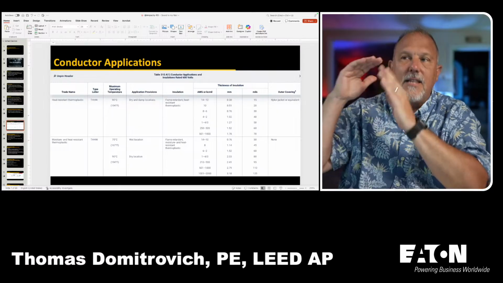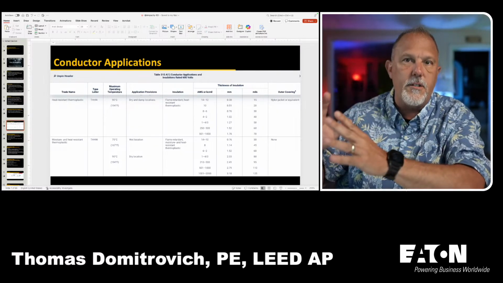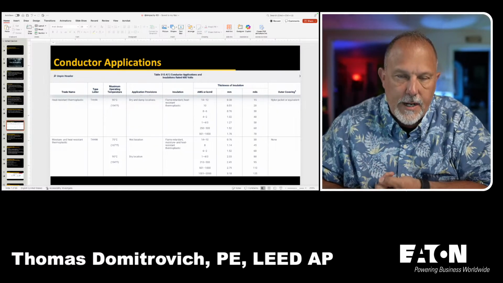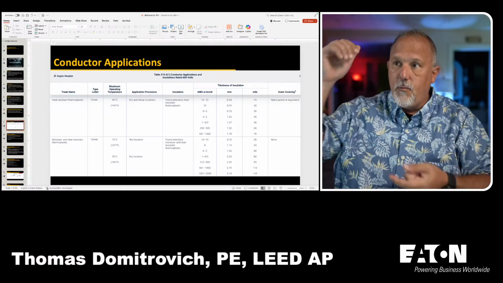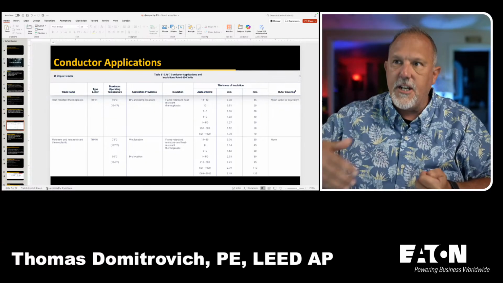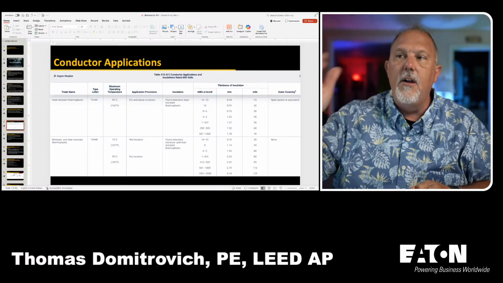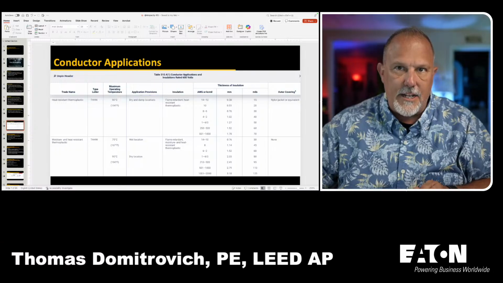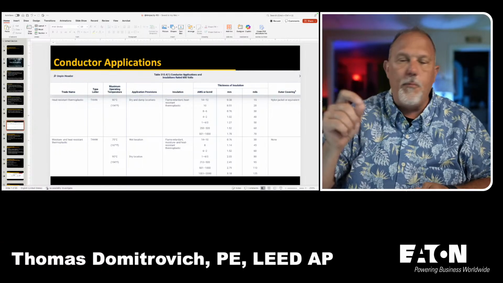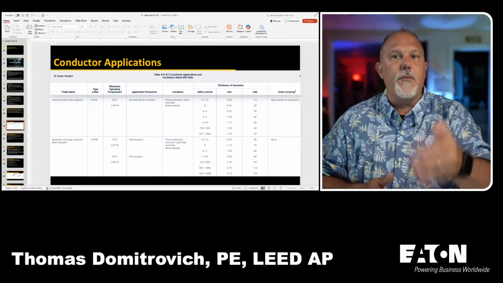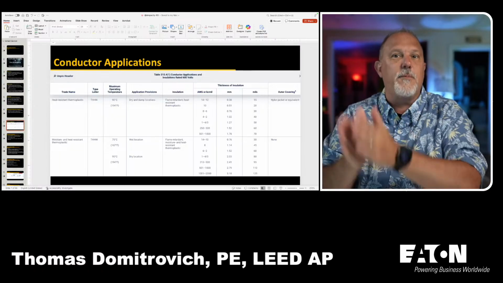But in any case, this table is important to know the insulation rating of the conductor, whether it's a THHN or THHW. Find it in this table, find out the maximum operating temperature for that conductor insulation, and that will help you understand the column that you're going to use when you do your adjustment and correction factors.